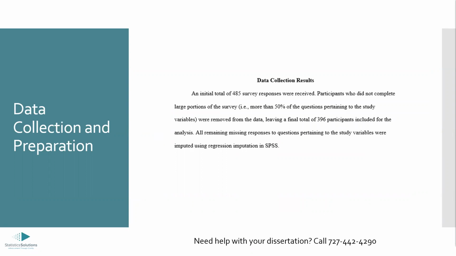Then we talk about how we're excluding participants who were missing responses if they were missing a large percentage of the responses. And then we talk about how we're going to handle the remaining participants that we're including who had missing data, saying that we're going to do an imputation on those missing responses.